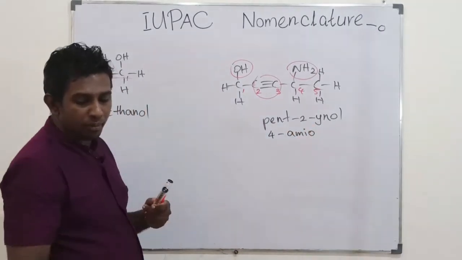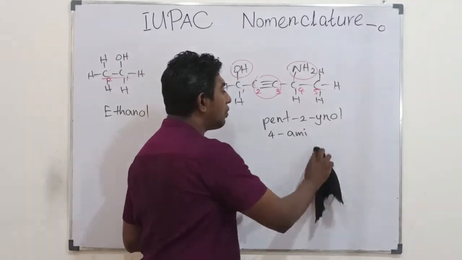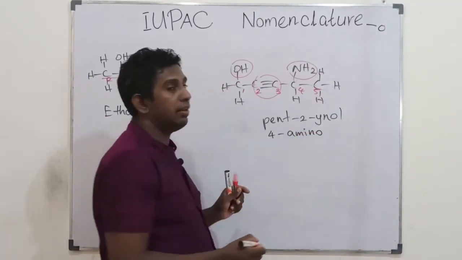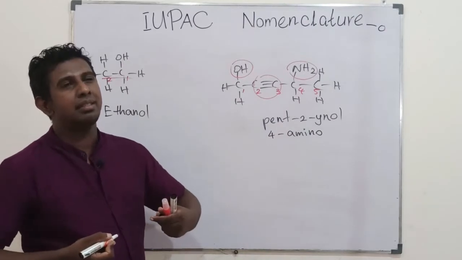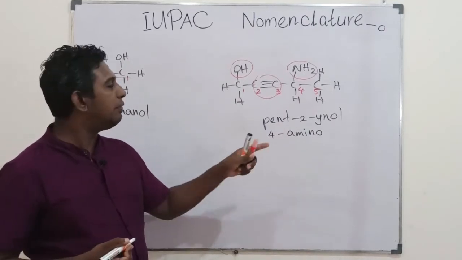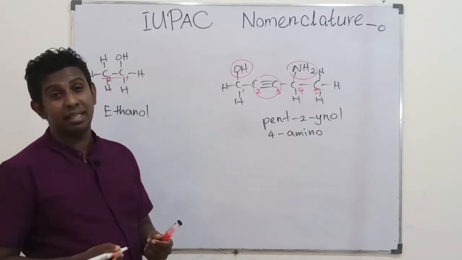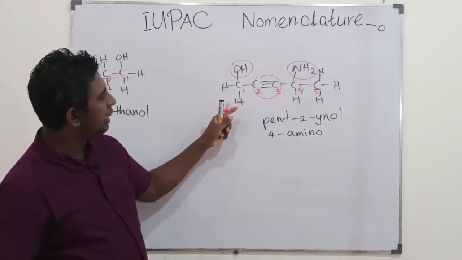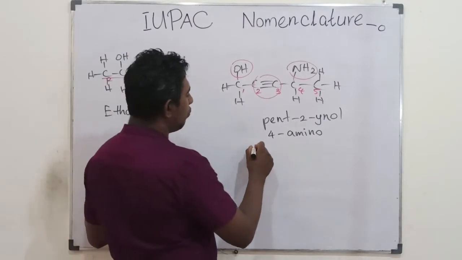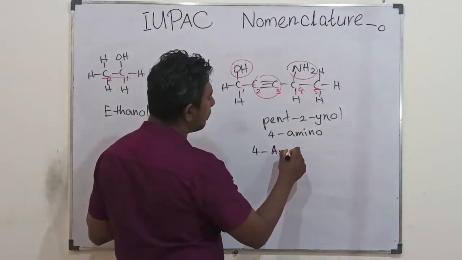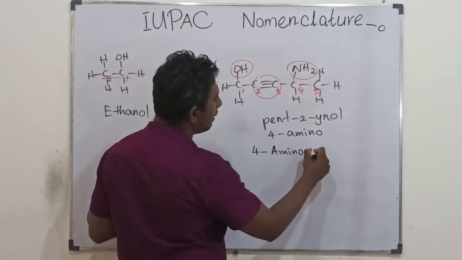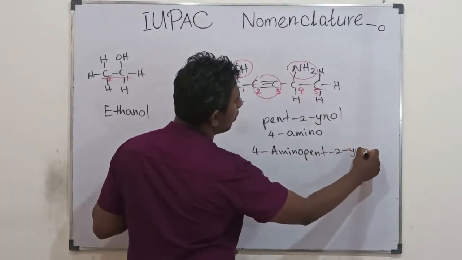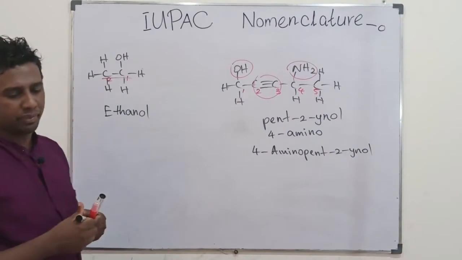Now at this moment we do not call it amine. Amine is just a suffix. When amine is a subfunctional group, the prefix standing for amine is amino. So we could say 4-aminopent-2-yn-1-ol is the name.